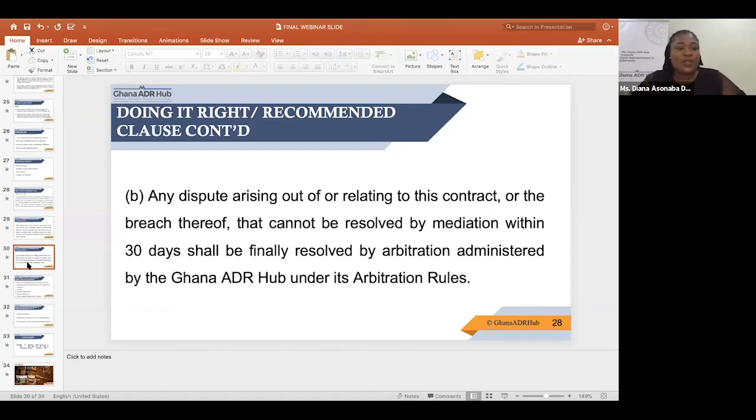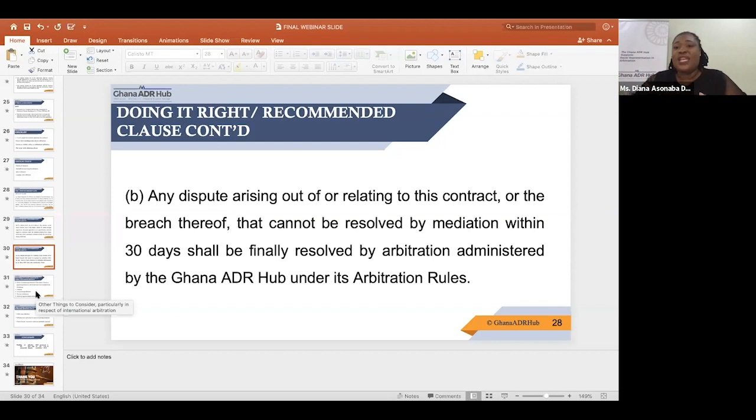Now, a second and final example. The second example is: any dispute arising out of this contract or the breach thereof that cannot be resolved by mediation within 30 days shall be finally resolved by arbitration administered by the Ghana ADR Hub under its arbitration rules. Again, these parties have resorted to an arbitral institution.